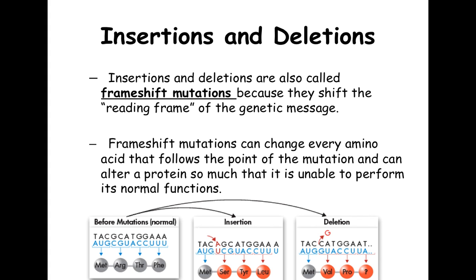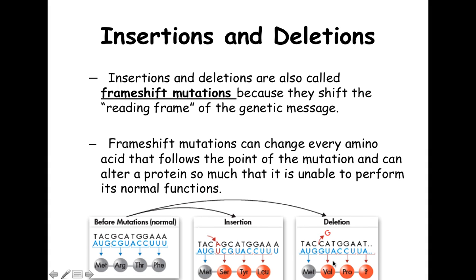And so for this reason, we also call them frameshift mutations because they actually shift where we read the genetic message. So if you look here down in the insertion, we inserted the extra A, and you can see it changed all of these amino acids to different ones, and we have an extra base left over, and that doesn't translate into anything.